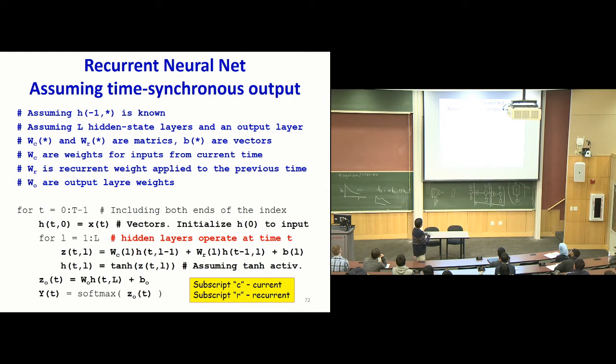So at each point, the affine combination is computed as a weighted combination of the hidden values at the current time from the lower layer, plus a weighted combination from the previous time at the same layer, W_r times h(t minus 1). The subscript r refers to recurrence. The subscript c refers to current, plus a bias.